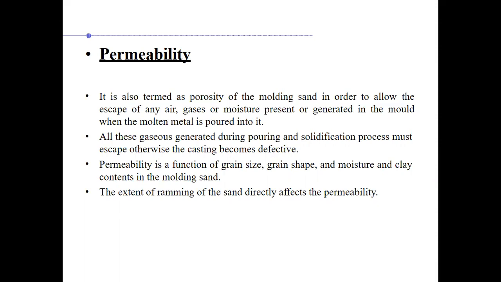The molding sand should allow the air or gases to escape, and the property of the molding sand which allows it to do so is called permeability. Right? Is the concept clear? All these gases generated during pouring and solidification must escape, otherwise the casting becomes defective, right? I've explained why it becomes defective.